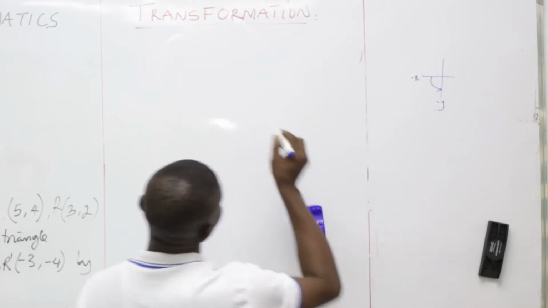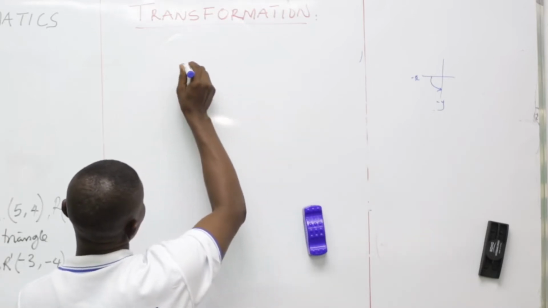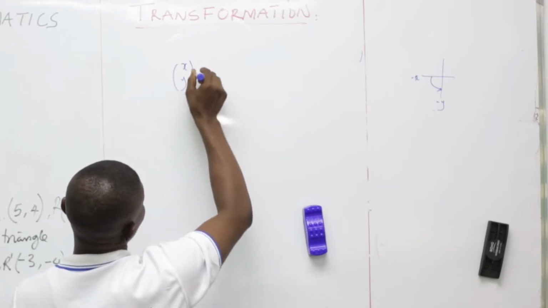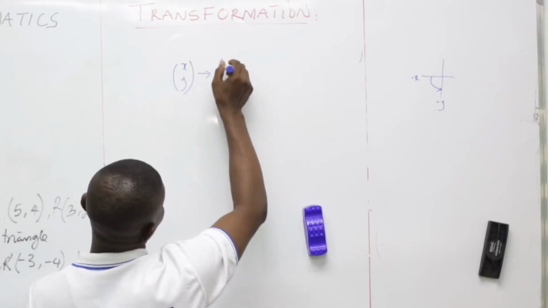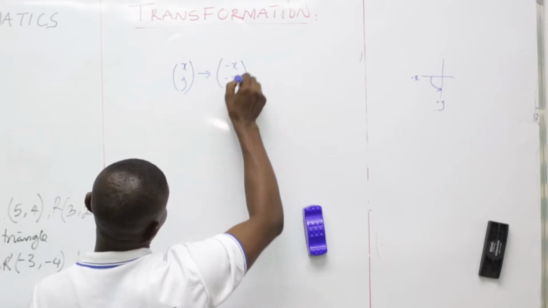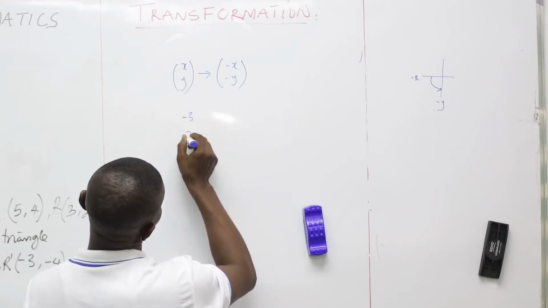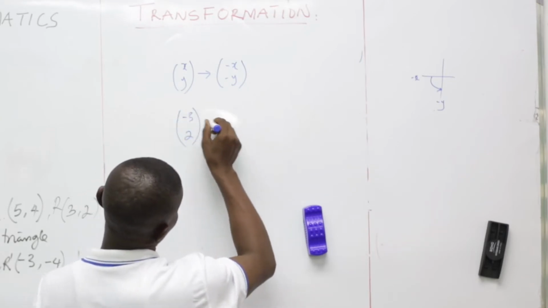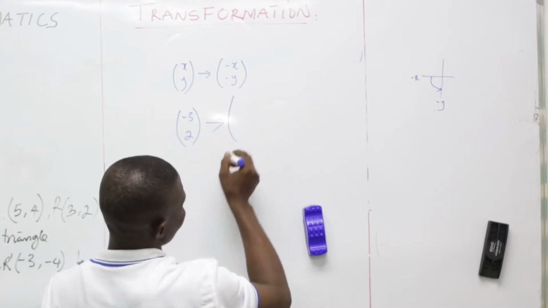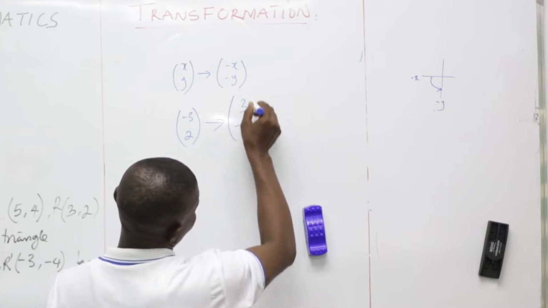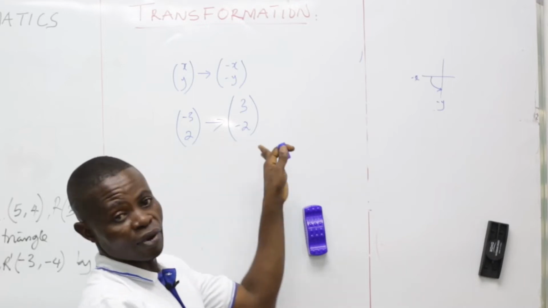Meaning object (x, y) will imply image (minus x, minus y). So our question, object (minus 3, 2), will produce what? Our image (3, minus 2). So we are done with the solving.